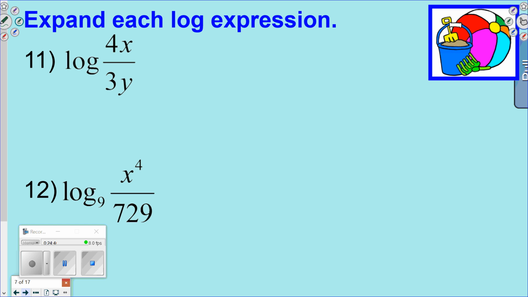So let's start there. We're going to start with log of 4. Then that's being multiplied by the x. So plus log of x, and then I'm dividing, right? Now, here's where it would change. You have two options here. So option 1, I can write the minus for divide, and I can put the whole next part in parentheses, because I need all of it to be on the bottom.